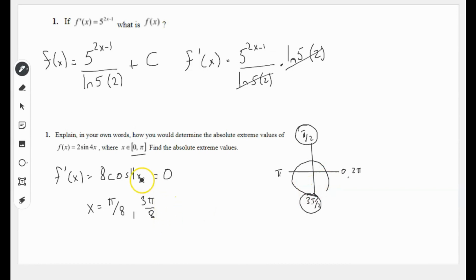So we have to do this between 0 and pi. So far I haven't gotten up to pi. I've only gotten up to 3 pi over 8. So we can keep going. 5 pi over 8. 7 pi over 8. The next one would be 9 pi over 8, but that's beyond pi. It's beyond our domain there. So we're done. Okay.